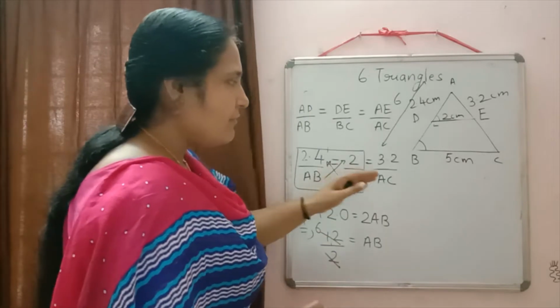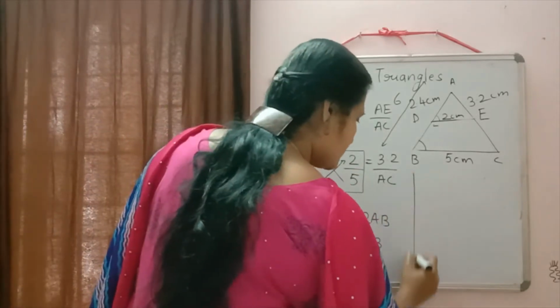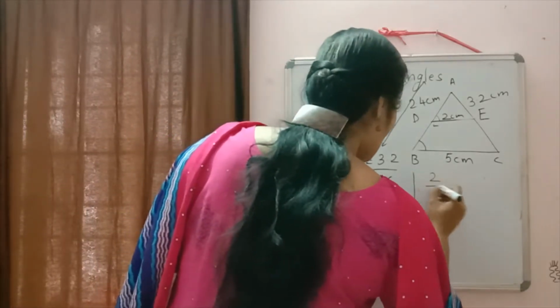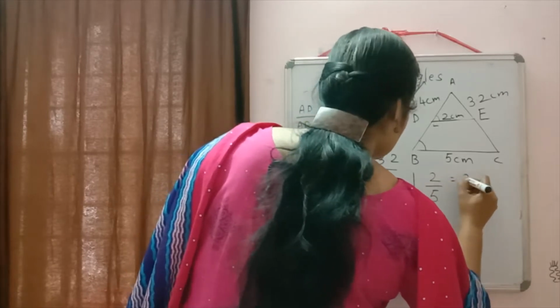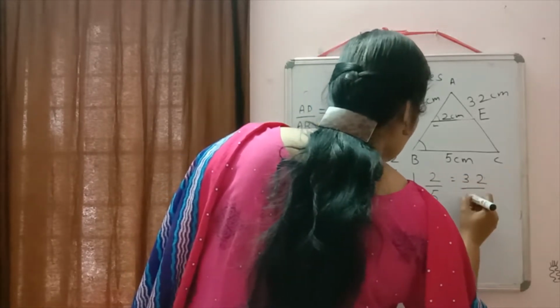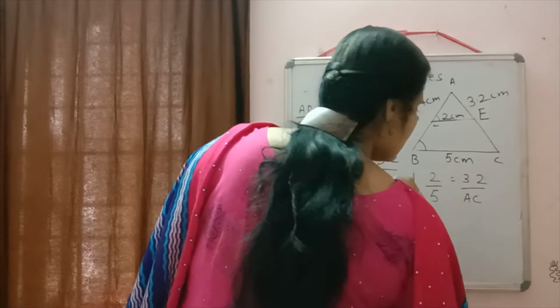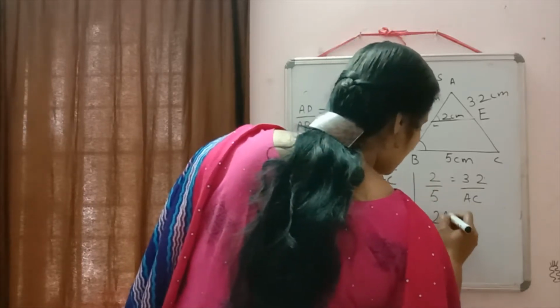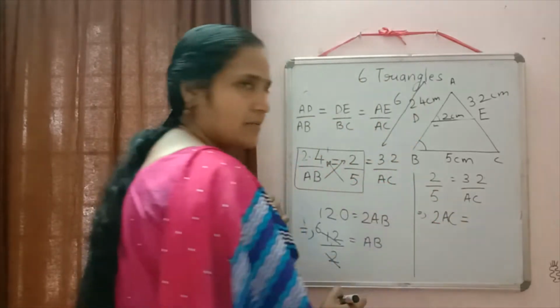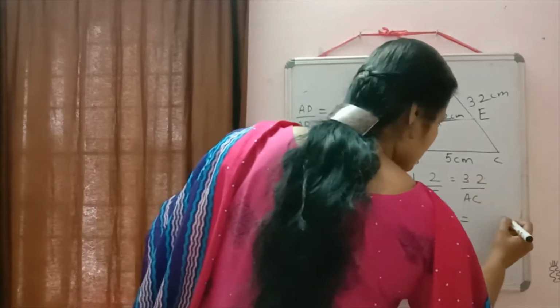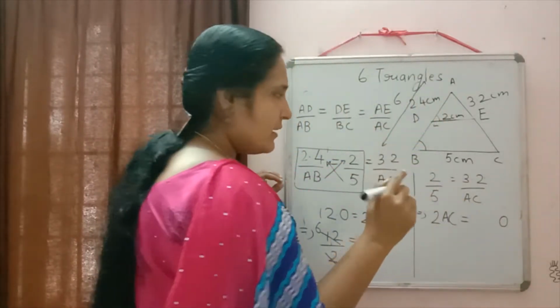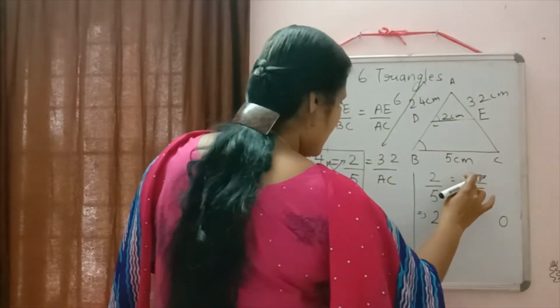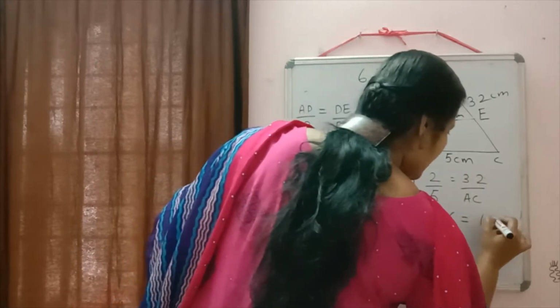In the same way we will calculate AC. So here again I am writing there 2 by 5 is equal to 3.2 by AC. Again we will do the cross multiplication. Then it will be equal to 2AC is equal to 5 2s are 10. Carry over 1. 5 3s are 15. 15 plus 1, 16.